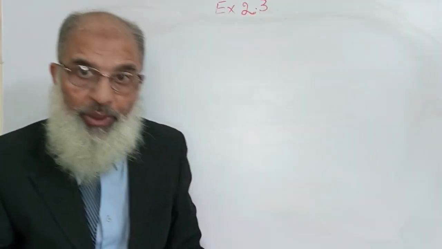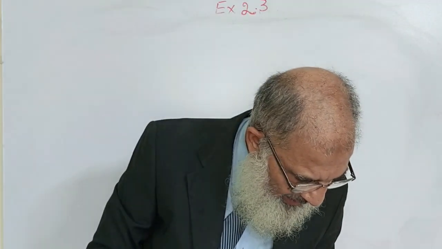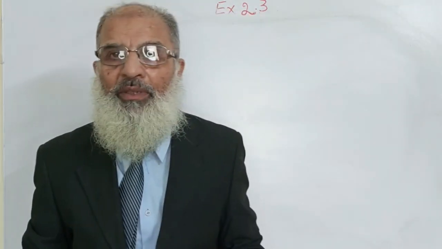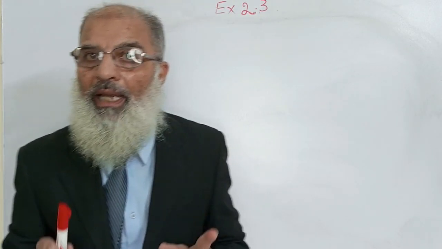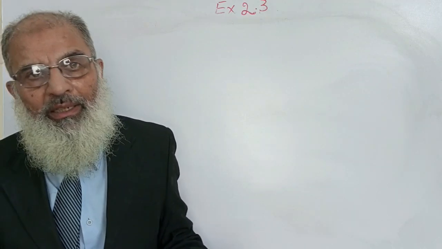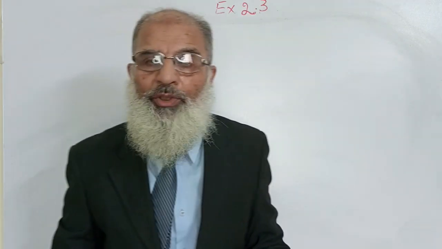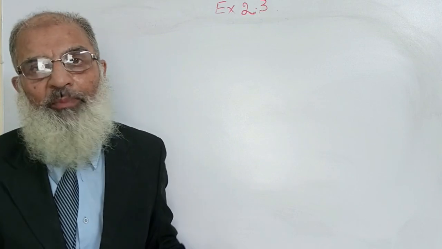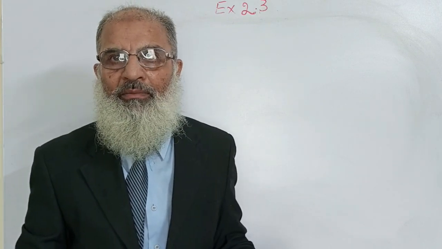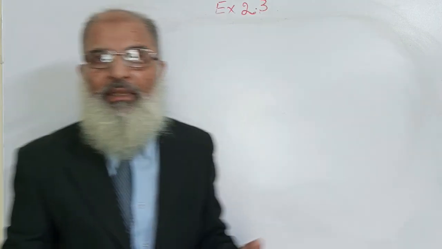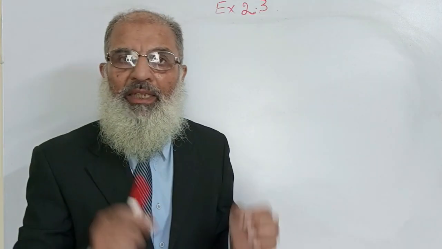Now let me start question number 2. Question number 2 is: simplify by adding or subtracting like terms. Well, it is understood that we can add or subtract like terms. We cannot add or subtract unlike terms. They are written as they are given to us.